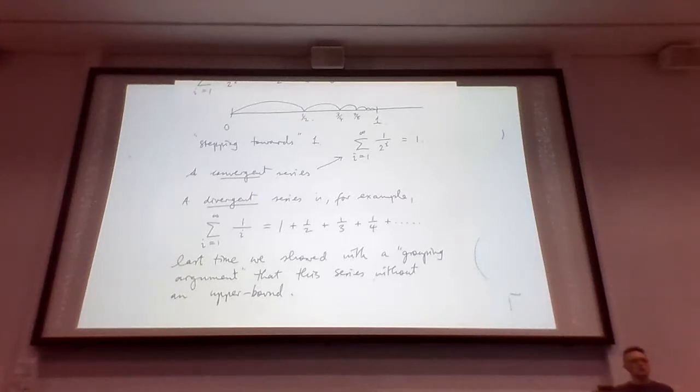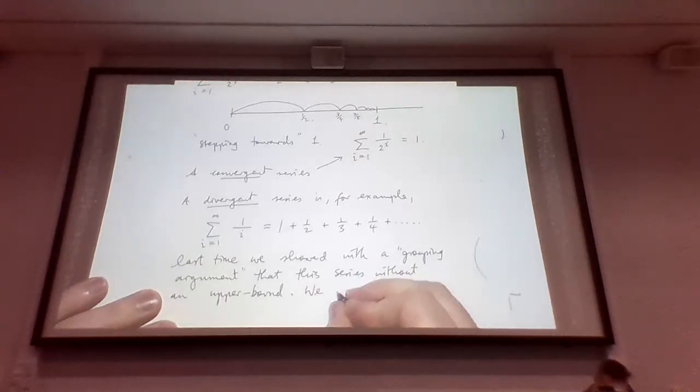However, when you add them all up, there's still enough weight there, you're still making progress. And if you care to wait around long enough, or care to take enough terms into the series, you will see that series get bigger than any value you care to mention. So it doesn't have an upper bound, it keeps increasing without any end. So we say this is divergent. It's not convergent.